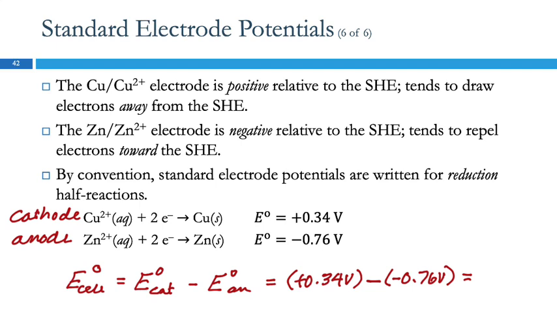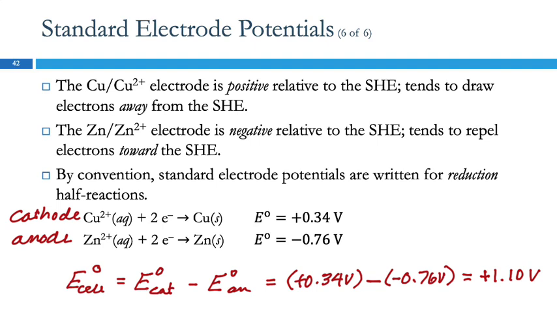So 0.34 minus negative 0.76 is 1.1. That's the way the book talks about it.